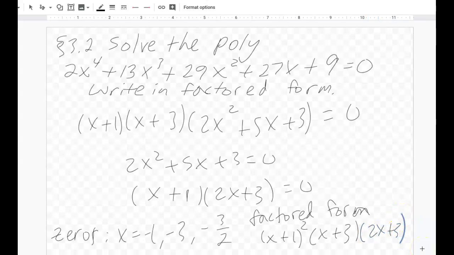And so this would be our factored form. So you can tell that at x equals -1, we're going to have multiplicity 2, and if we were to graph this, we should expect the curve to bounce off that 0.